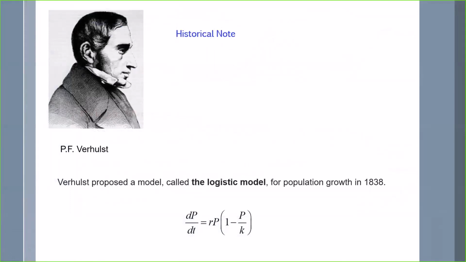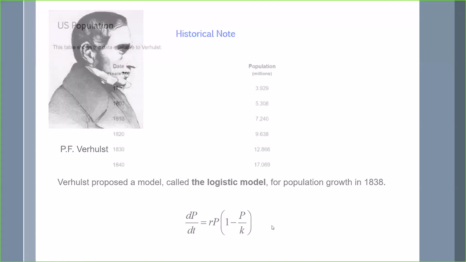So the logistic model and logistic differential equation was first proposed by the Belgian mathematician Verhulst in 1838. His differential equation said the rate of change of the population is proportional to two factors: the population itself and this other factor, which is 1 minus P on K. These were the pronumerals used by Verhulst, but of course those pronumerals can vary.